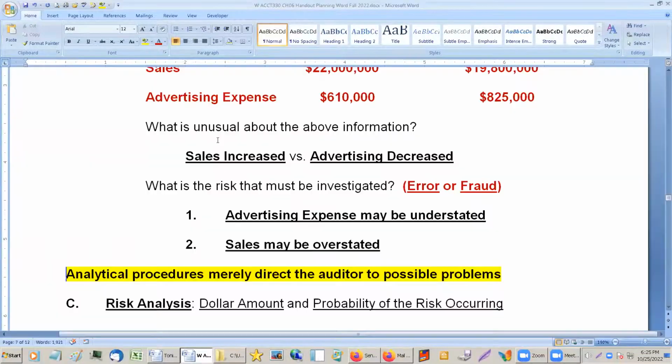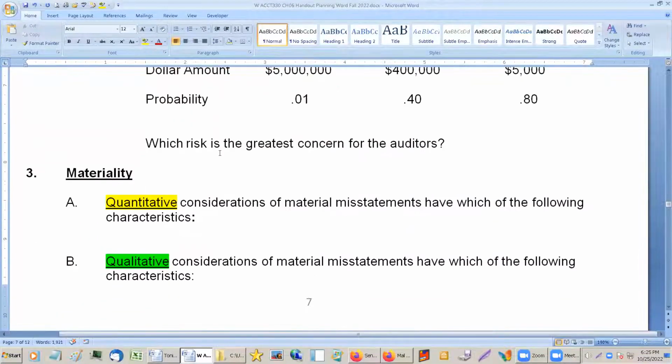It's possible there's a relationship that's implausible but worked out that way. Again, it could be they decreased advertising, or they're more efficient in their advertising, and the advertising expense did go down. Okay.